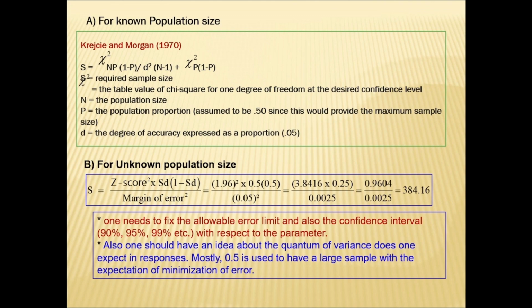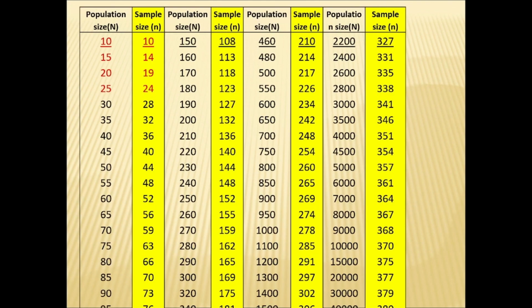Next. See, this is the thing. With an example, I am trying to show you how the selection of sample size changes with the change in population size. With a population size of 10, mostly in medical science, or in other research dealing with animal subjects, you won't get that many elements.